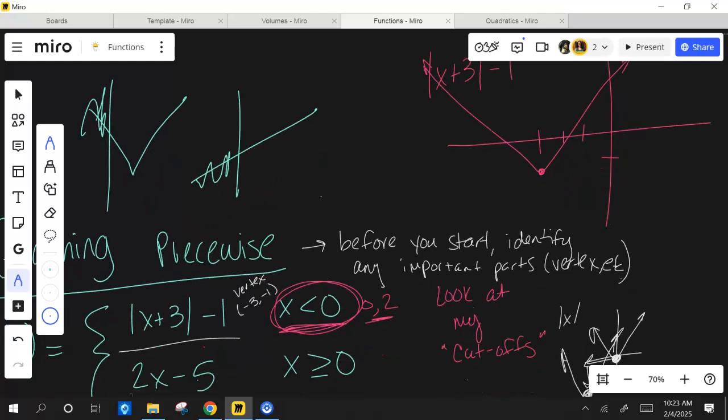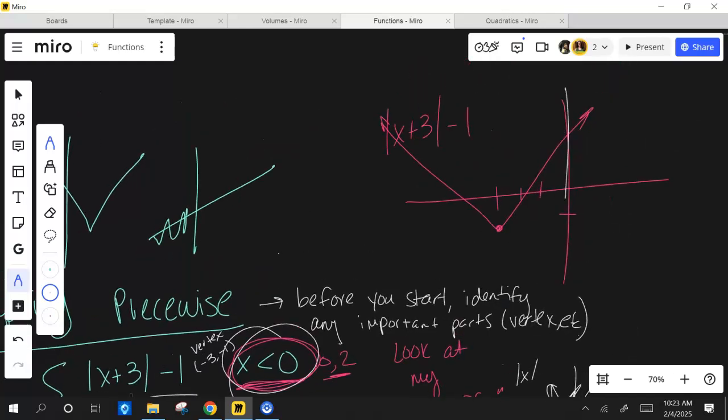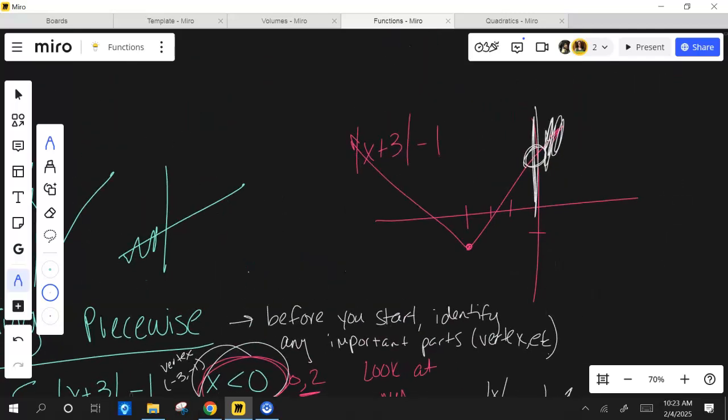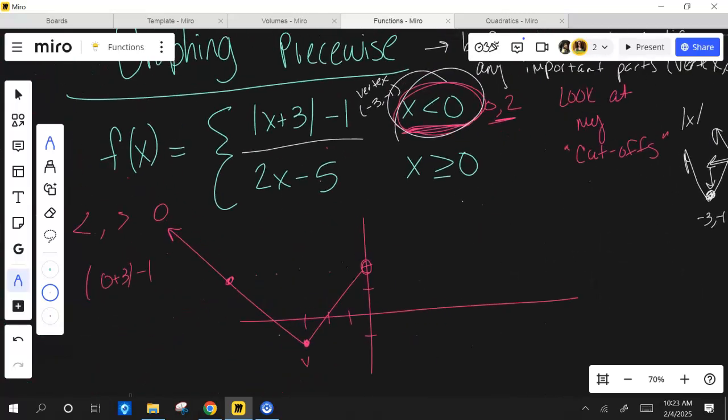But my graph is telling me cut it off at 0. At 0, cut it off right here, erase this part, and keep this part. So I put an open dot here because that's where I cut it off, because it can't actually be 0. It's actually less than 0. So that's why I only have this part, and it doesn't keep going forever this way. It stops.